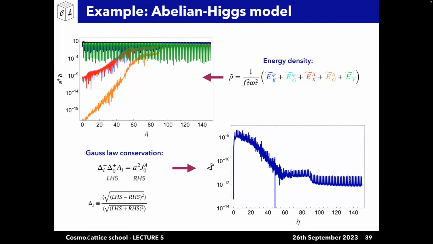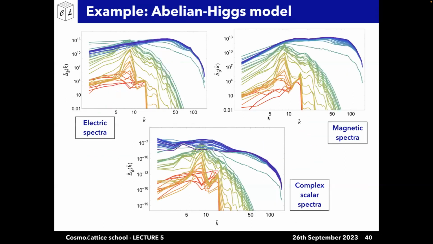So this is compatible with machine precision. What I mean with this is that if you do a gauge simulation and you have a violation of 10 to the minus 2 or 10 to the minus 3, it's wrong. There is something wrong there, and you must find out why.